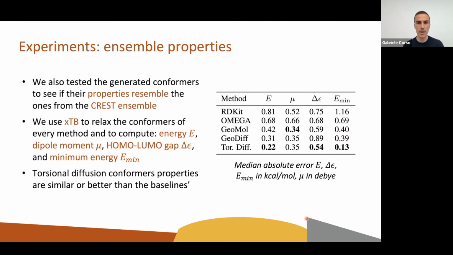Now, another set of experiments that we do, and I'm going to quickly touch on as we are running a bit out of time, is the ensemble properties. So we basically use these methods to generate a set of conformers, and then we compute some molecular properties on these conformers and test how closely they resemble the ones computed from the ground truth CREST ensemble. We use a relatively common technique in the field.